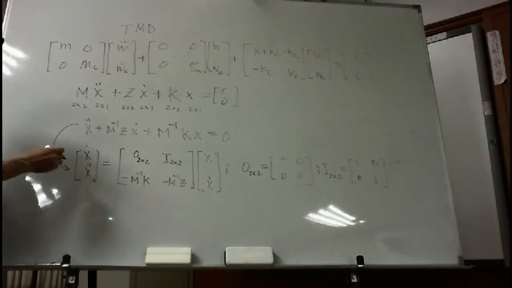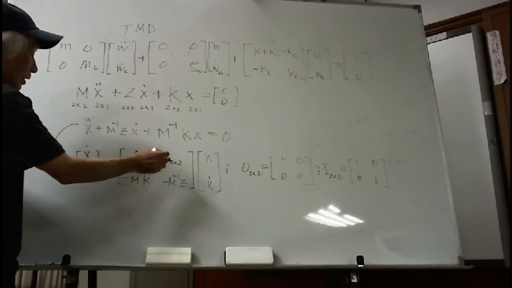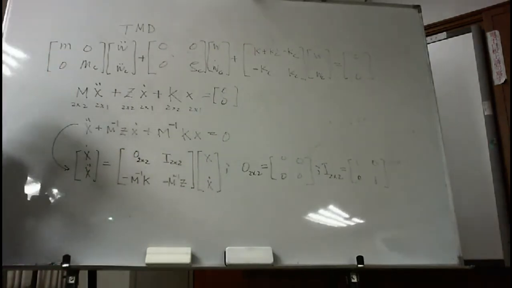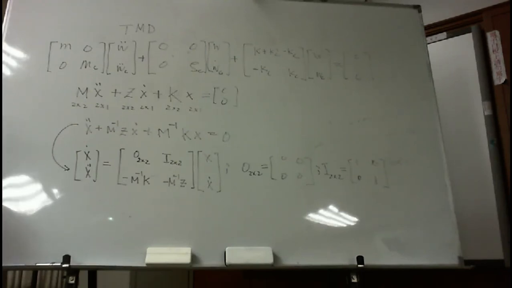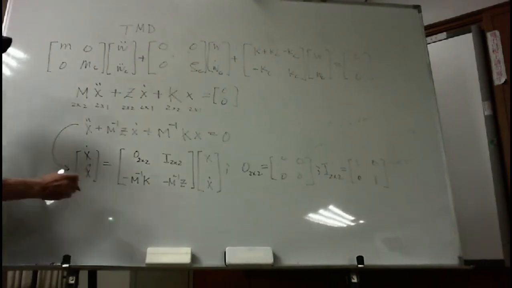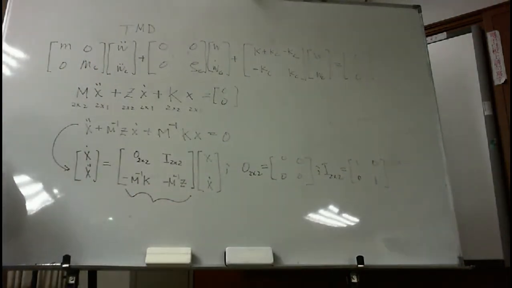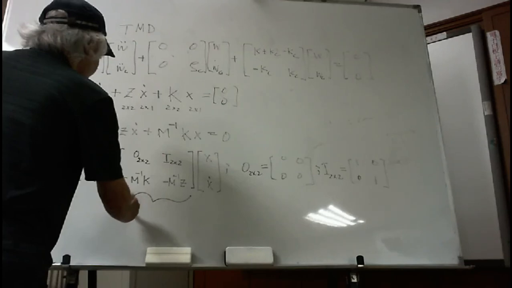Then X double dot equals minus M inverse K times X, and minus M inverse Z times X dot. Any problem? The eigenvalue of this will be the eigenvalue of the system. So this is the system eigenvalue in there.